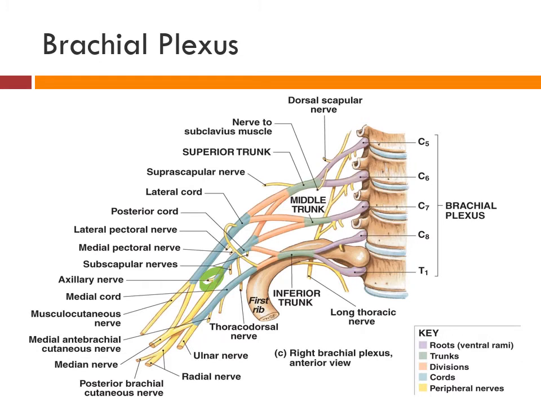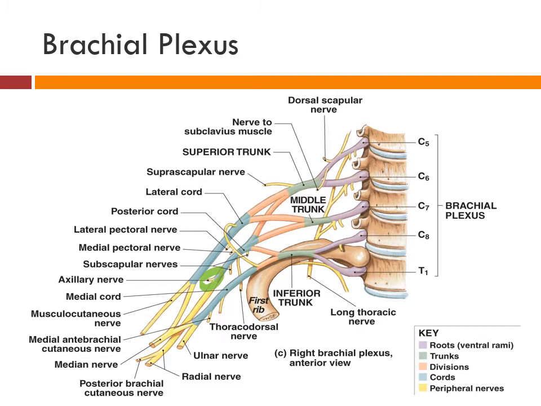So the individual nerves are branches off of the cords, and the cords are created from branches off the trunks. So by the time you get down to, say, the axillary nerve, you have potentially pieces from C5, C6, C7, C8, and T1 that could be part of the axillary nerve.